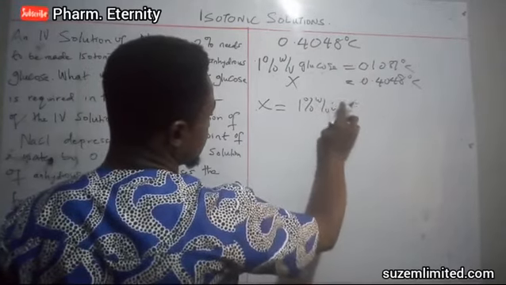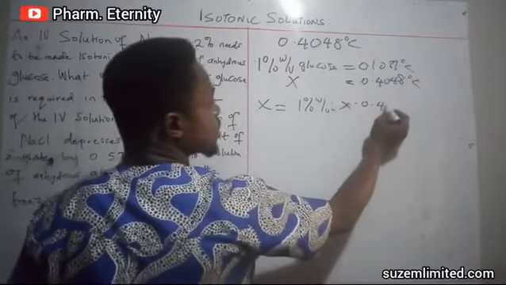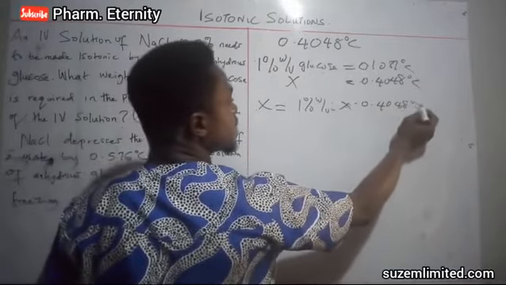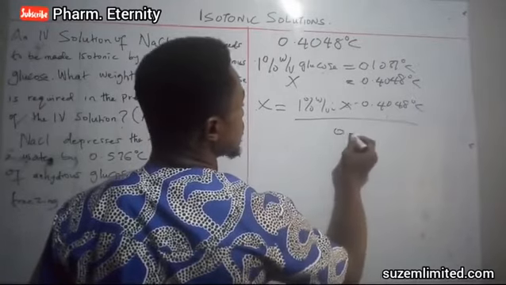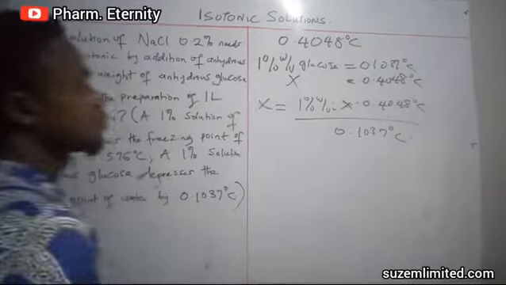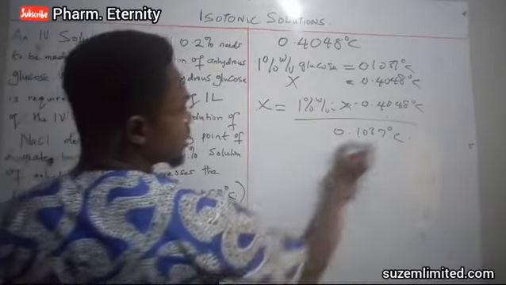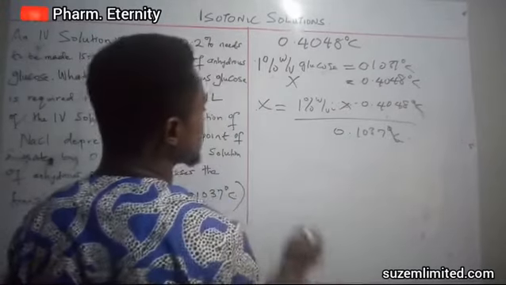Sorry, let me cancel the glucose. Weight per volume times 0.4048 degrees Celsius, all over 0.1037 degrees Celsius. So degree Celsius cancels degree Celsius.